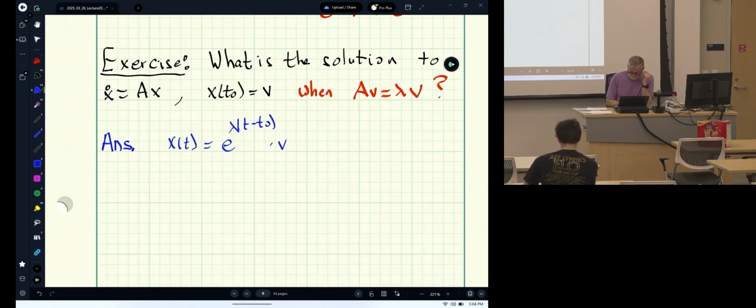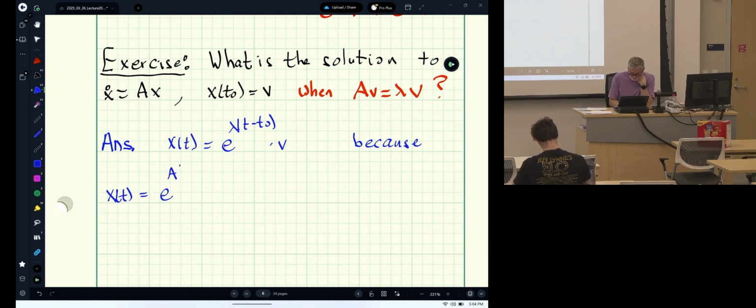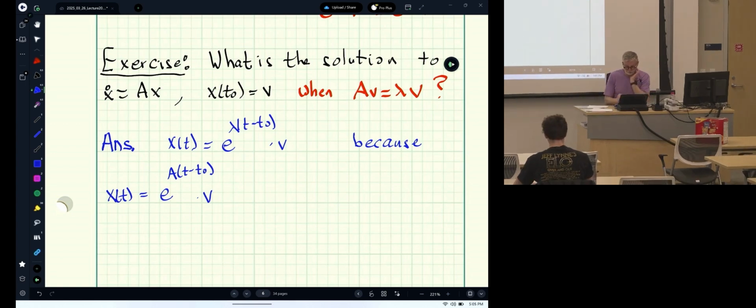It's almost too simple. And it's because x of t is this big bad boy, what we don't want to compute very often. But eigenvectors play very nicely with functions that come from Taylor series. So this is lambda, and the t minus t0.